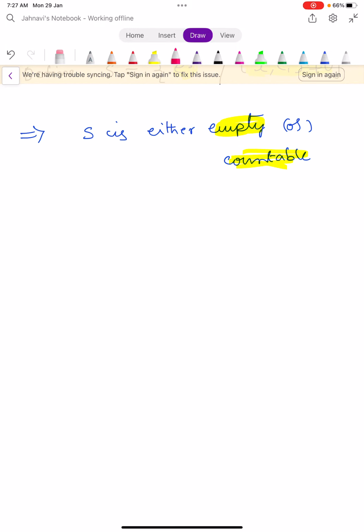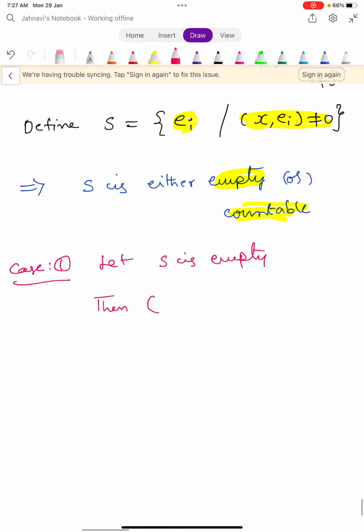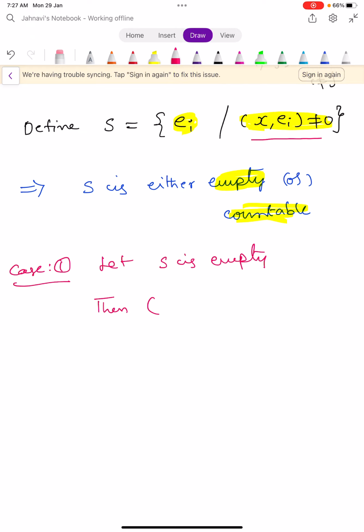Case 1: S is empty. If the set is empty, then by the definition of the set, the inner product of x comma e_i must be 0 for all i.